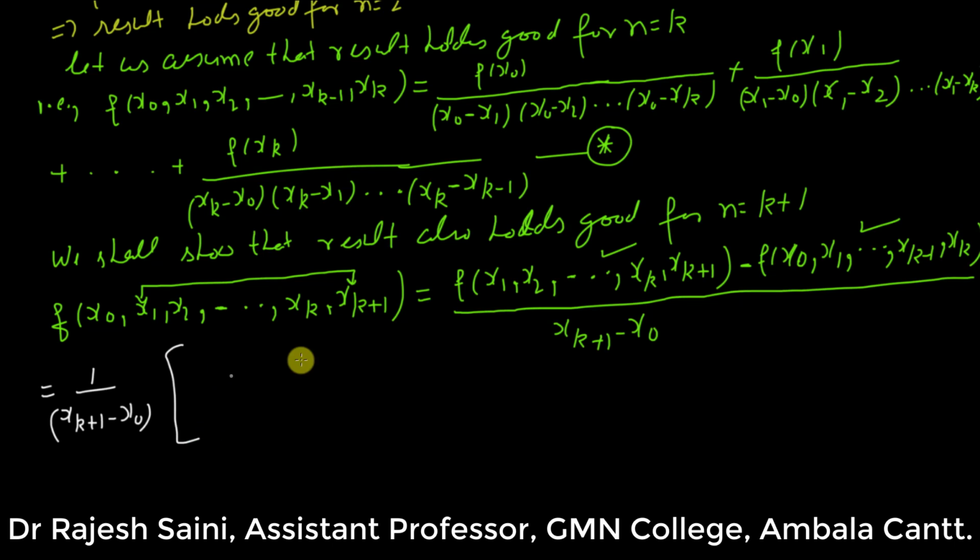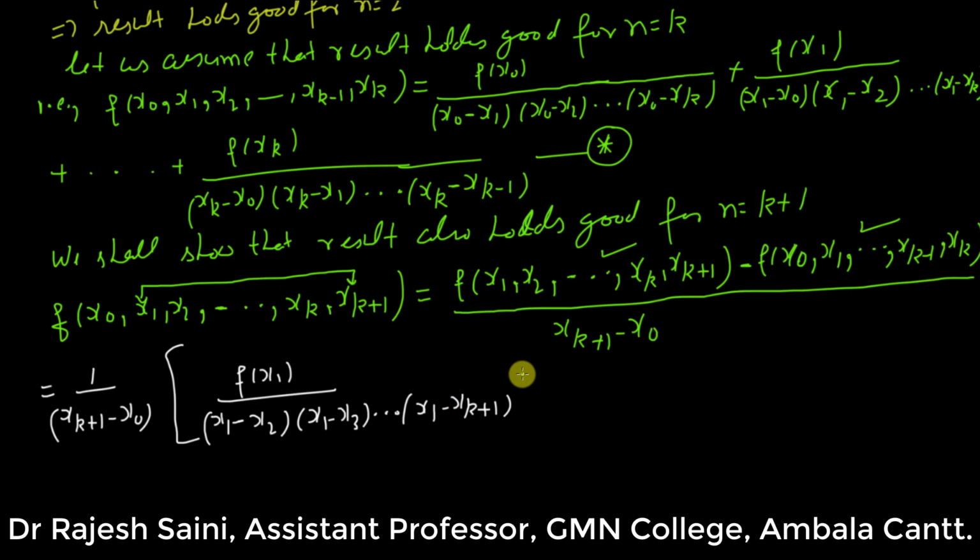It will be f of x1 divided by, starting from x1 minus x1 will not be taken, so next x1 minus x2, next x1 minus x3, and the last is x1 minus xk plus 1.